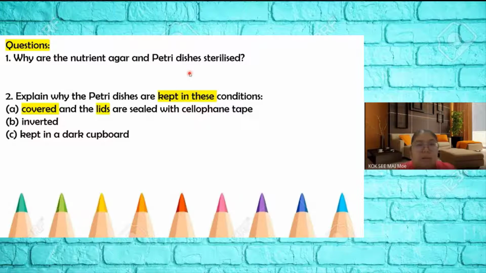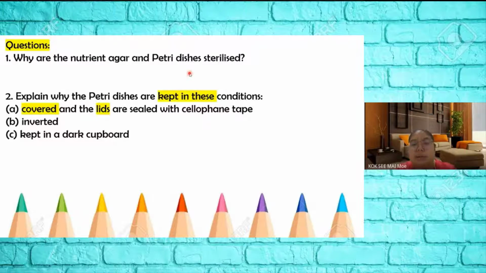Sterile means the temperature is high already. Important, think: can bacteria stay in high temperature or not? Cannot. So that's why when starting, I need to make sure all nutrient must be balanced with no bacteria. So I need to sterilize.